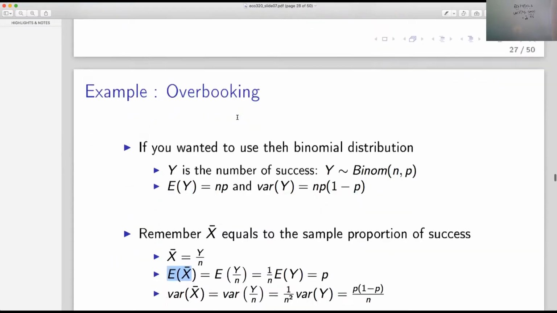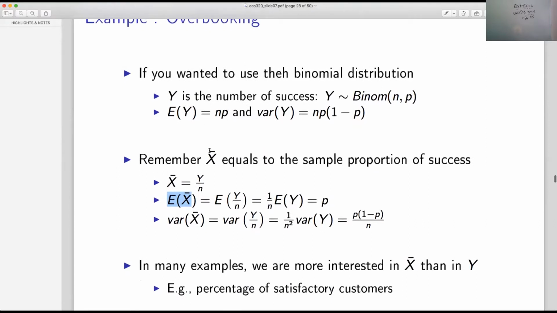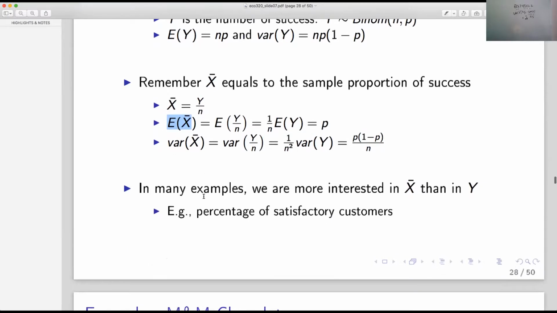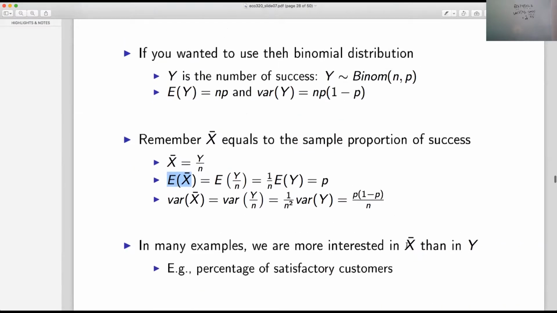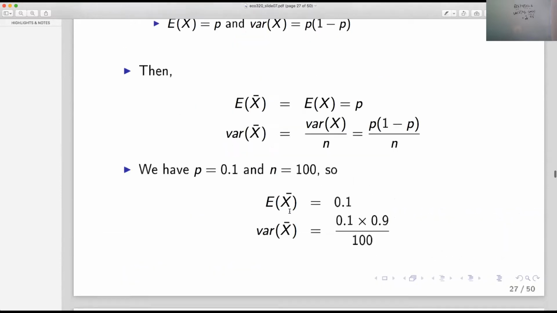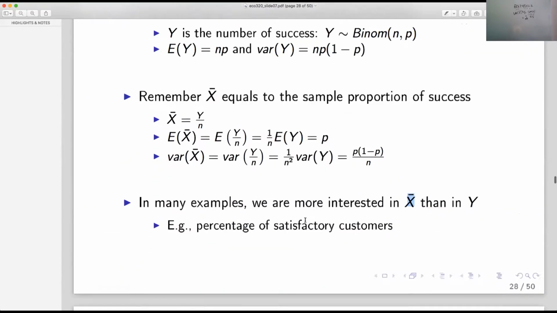I just wanted to explain that we still get the same answer if we use y instead. Since most of the time we are more interested in x bar instead of y, these are some of the properties, but if you understand this, it would be enough.